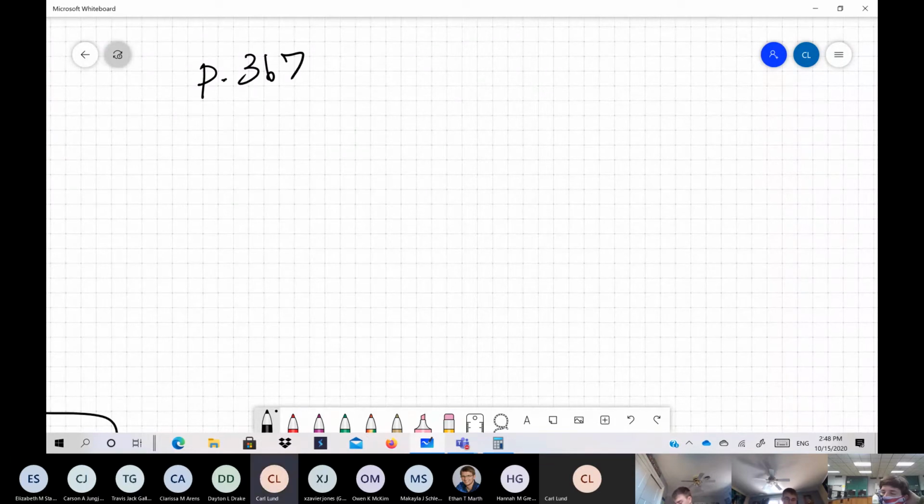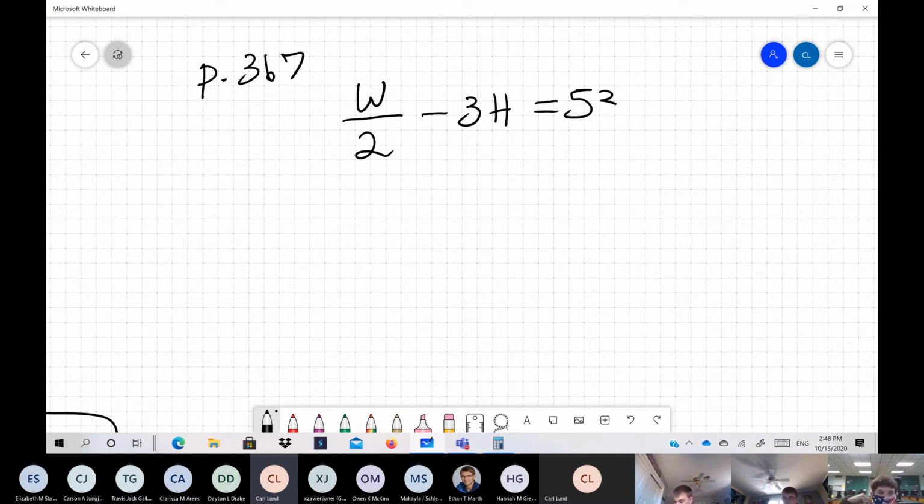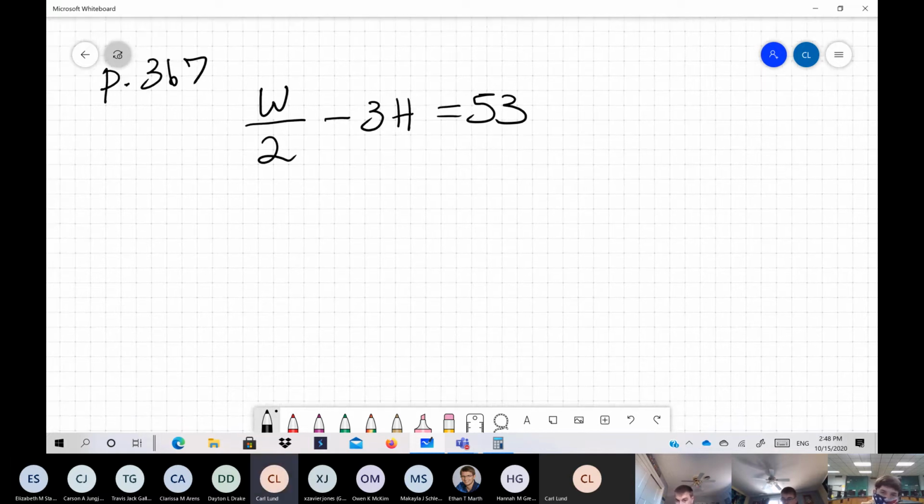This gives us a model for healthy weight: W divided by 2, where W is weight in pounds, minus 3H equals 53. Here, H is the number of inches a person is above 5 feet.